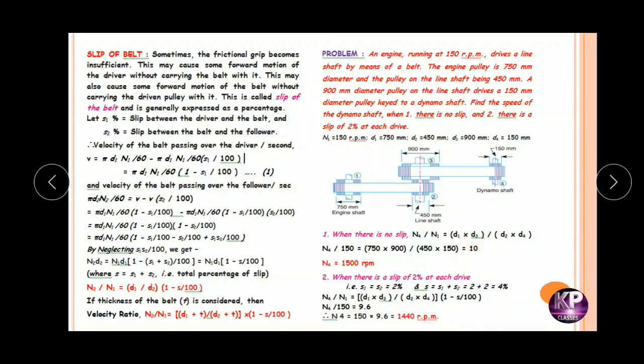Therefore n4 equals 150 into 9.6, which becomes 1440 rpm. Without slip, the speed of the dynamo shaft is 1500 rpm, and when a slip of 2% occurs at each drive, it becomes 1440 rpm.